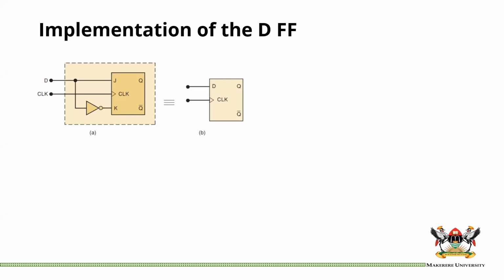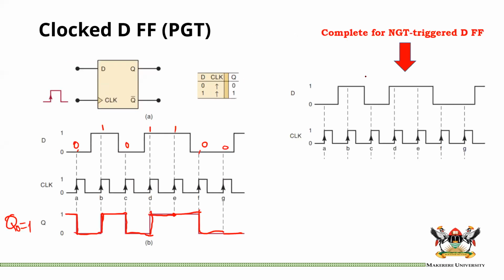I don't understand your question. Do you mean what kind of bridge? Like the J is going low, at the same time the K is going high. Okay, at the same time, and at that point we have a PGT, and at this very point we have our clock transition.